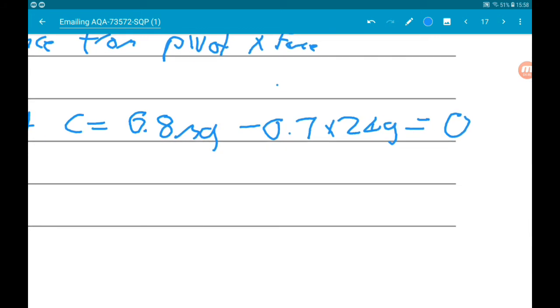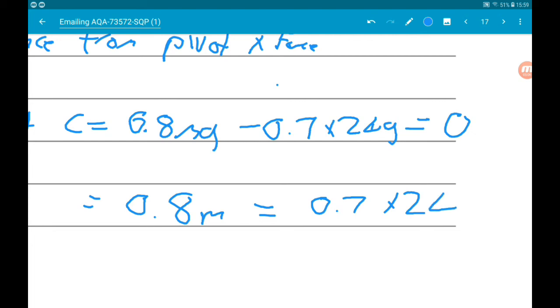So there is a common factor of gravity, so we can divide that away. So we're going to get 0.8 m is equal to, so we're also going to add this other term to the other side, 0.7 times 24.